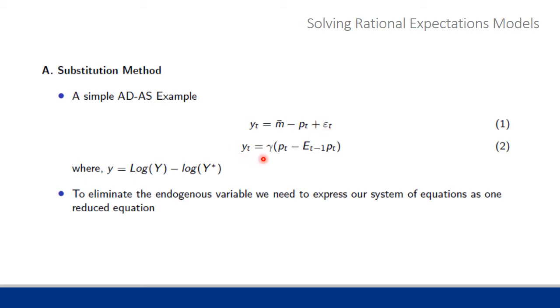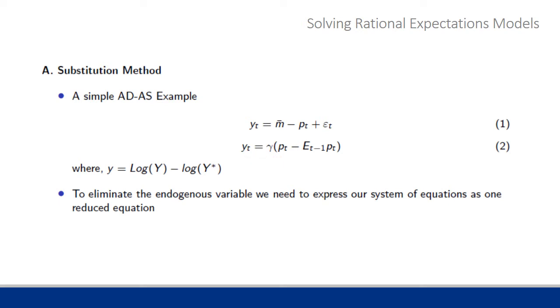Output supplied is some proportion gamma of the difference between the actual price and the expected price. If prices are higher than we expected them to be, there will be an increase in short-run aggregate supply.